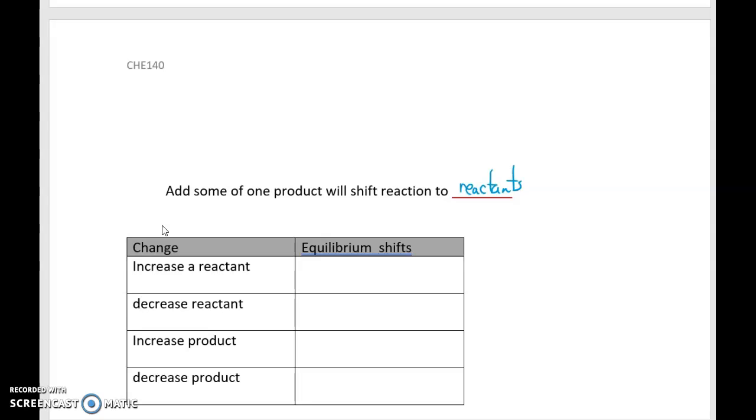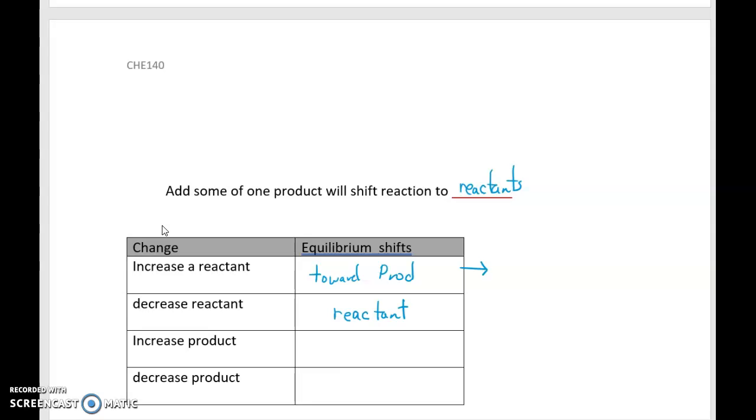So this is our summary slide, or our summary table. If we increase the reactant, we'll shift the equilibrium toward products. If we decrease a reactant, the equilibrium is going to shift toward the reactants. So the backward reaction is going more quickly.